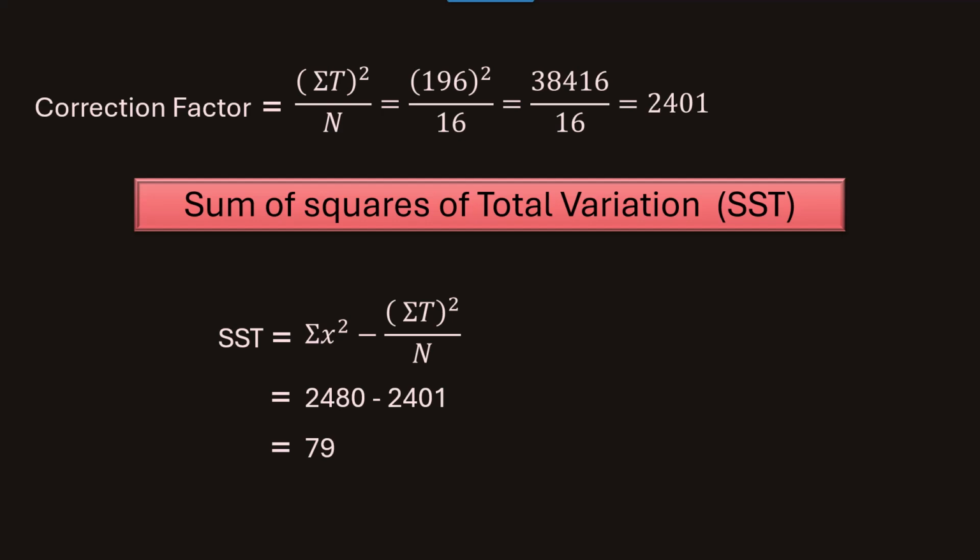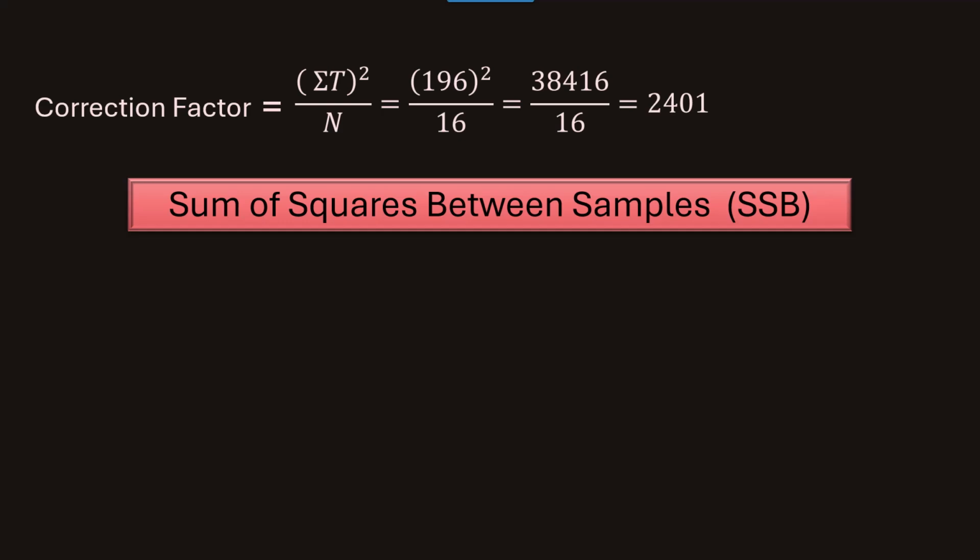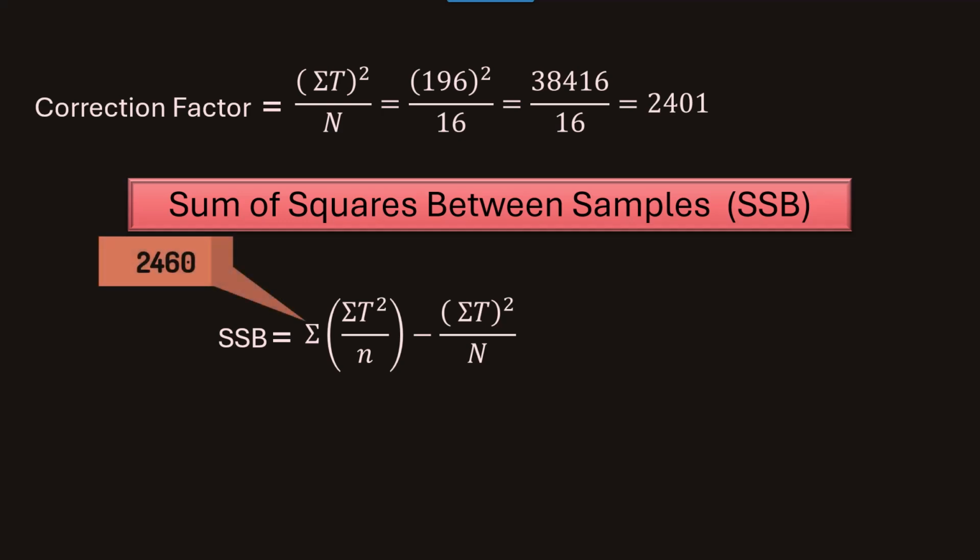Next, we shall calculate the sum of squares between samples or column variance, that is SSB. SSB is equal to sigma of sigma T squared by n minus sigma T whole squared by capital N. Sigma of sigma T squared by n is 2460. This we have already calculated.